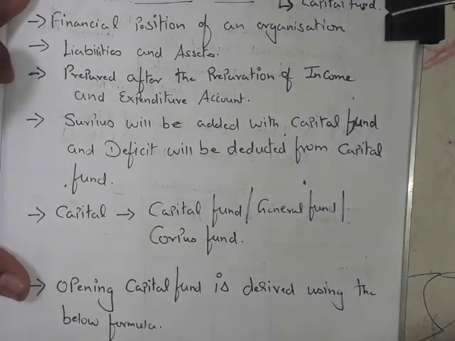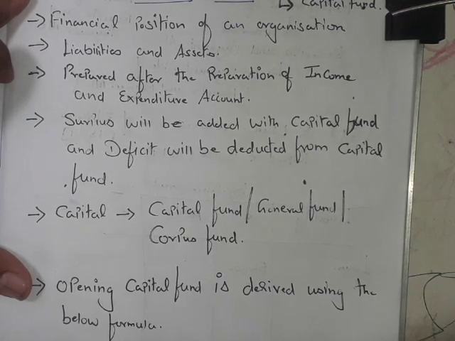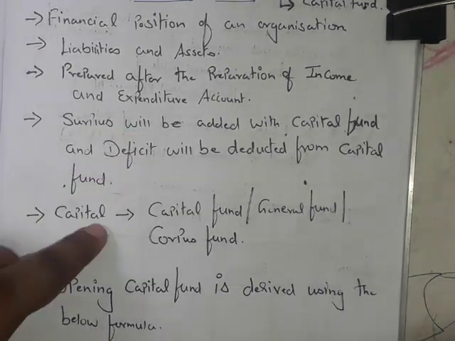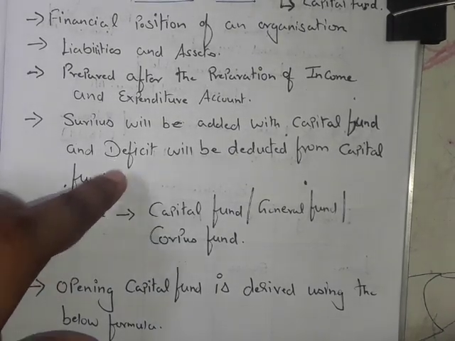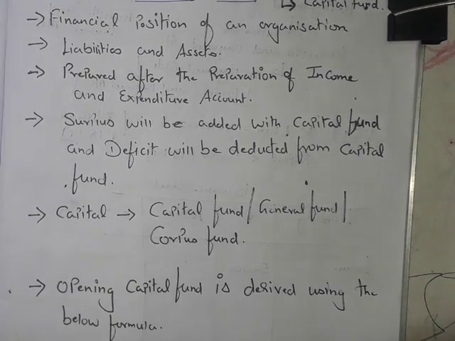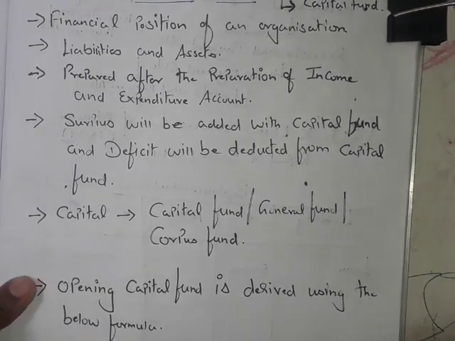If we get a net profit, we add it to the capital in the balance sheet, and if it's a net loss, we deduct it from the capital. In the same way, for a non-profit organization, the surplus will be added to the capital fund, whereas the deficit will be deducted from the capital fund. Any doubts so far, students?